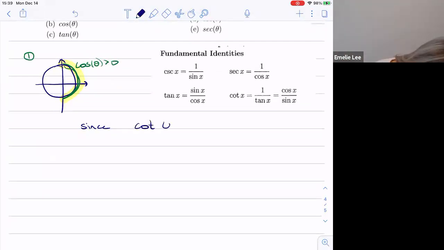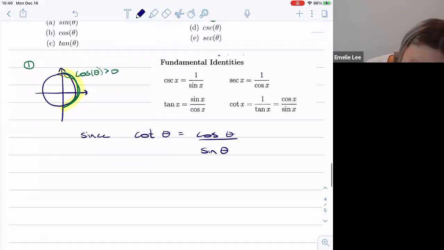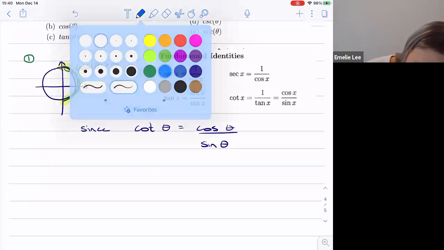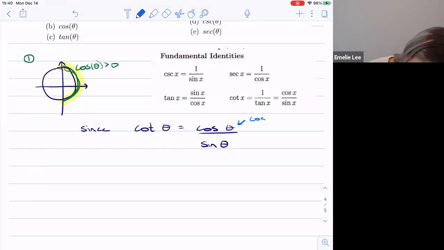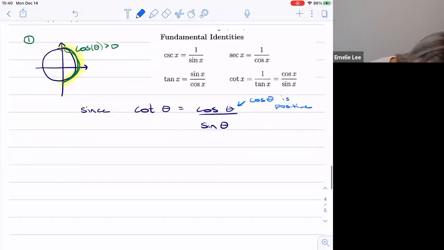Since the cotangent of theta is the cosine of theta over the sine of theta, and the cosine of theta is positive, the sine of theta must be negative.